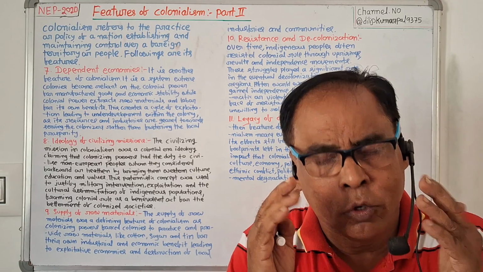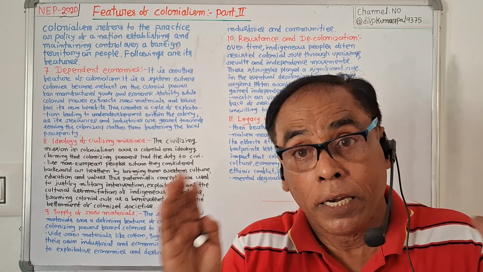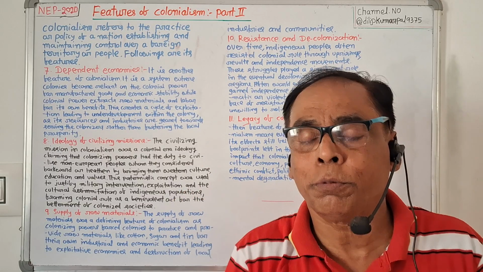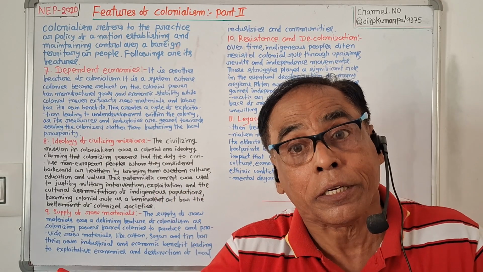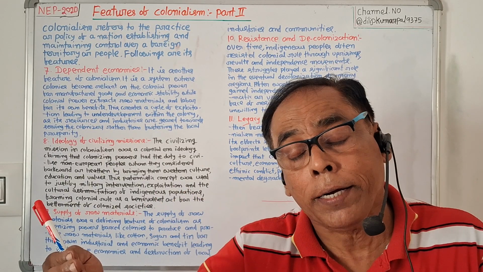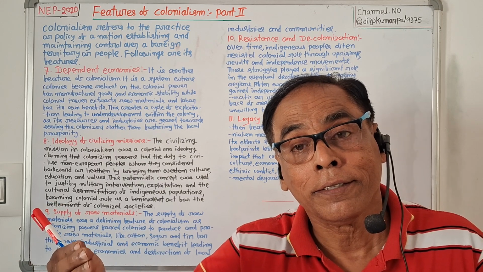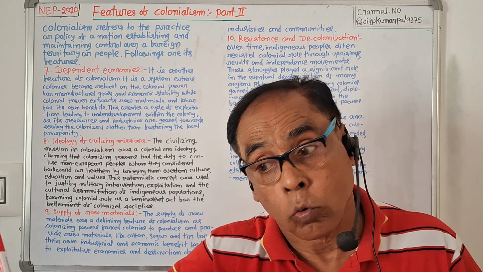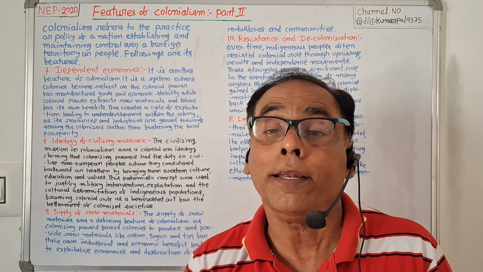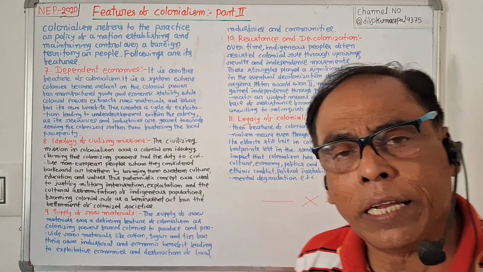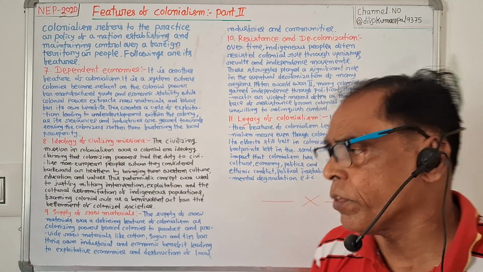So, in colonialism, the colonial power believes that as they are developed, it is their duty to civilize people of the colonial area. So, it is another ideology of colonialism.